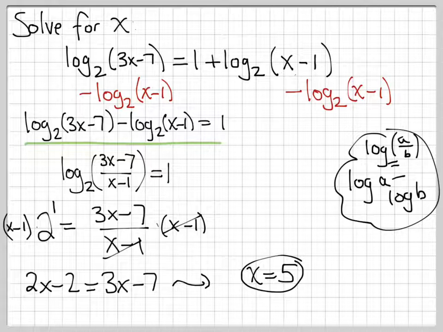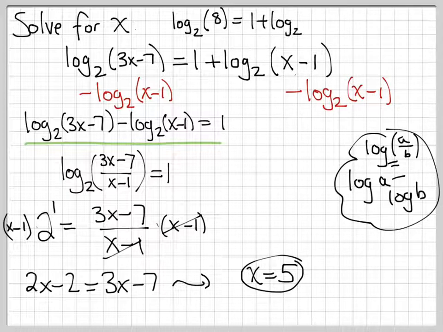Now it's important after you get your answer, because you've just done some magic, you should check to make sure your answer makes sense. So if we come up here, log 2 of 3 times 5 is 15 minus 7 is 8, equals 1 plus log 2 of 4. The main thing you want to check is when you plug in your value of x, that none of the logs are trying to be logs of negative numbers.